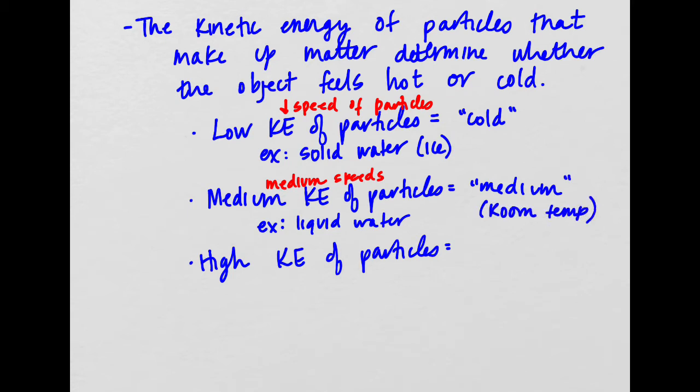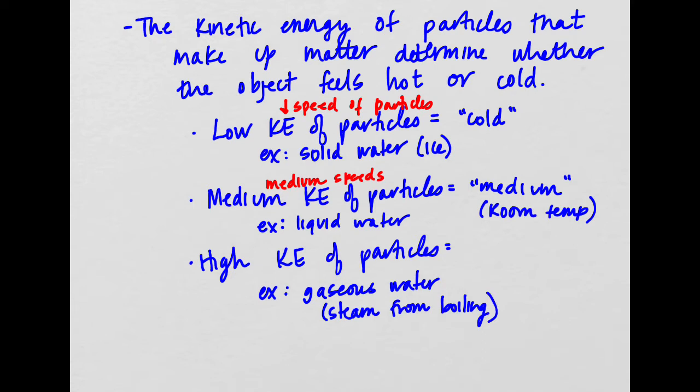But then if I were to take that liquid water that I have in my living room and pour it into a pot and put that pot on the stove and start heating it up and boiling it, steam would come off and we would have gaseous water, steam from boiling. And if we were to feel that steam, we would burn our hands.